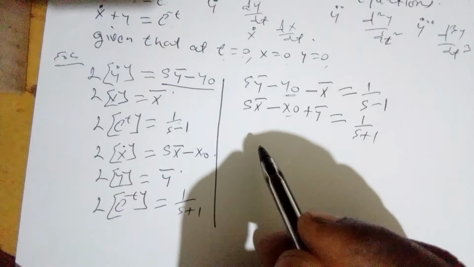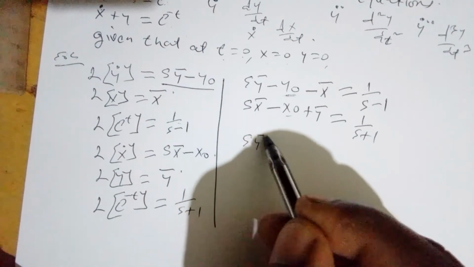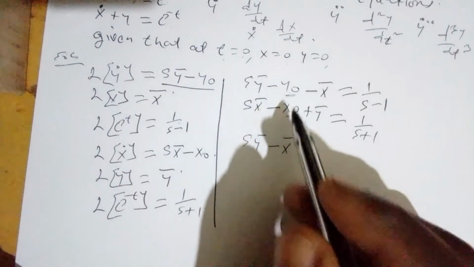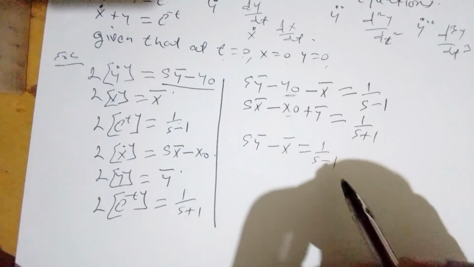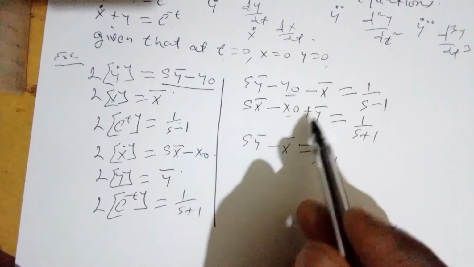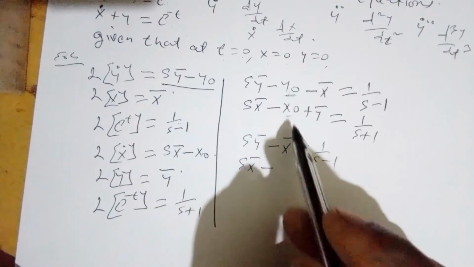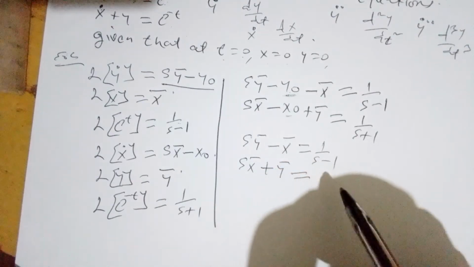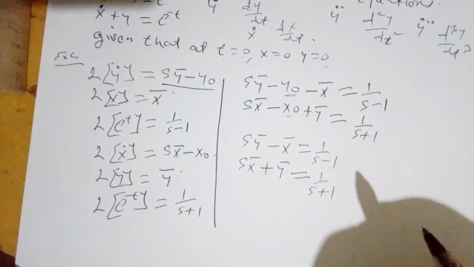Therefore, the two equations become s y bar minus x bar equals 1 over s minus 1. And the second equation becomes s x bar plus y bar equals 1 over s plus 1.